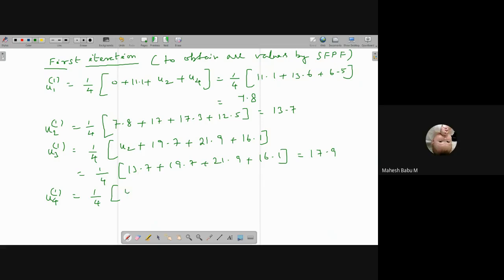So similarly for U4 power 1, 1 by 4, U1 plus U1 plus 0 plus 0 plus U5 plus U7. For U5 and U7, you can use the previous value, but for U1, you use this iteration's value. 7.8 plus 7.8 plus 2.5 plus 2.5 is 12.5, plus U7, 6.2.